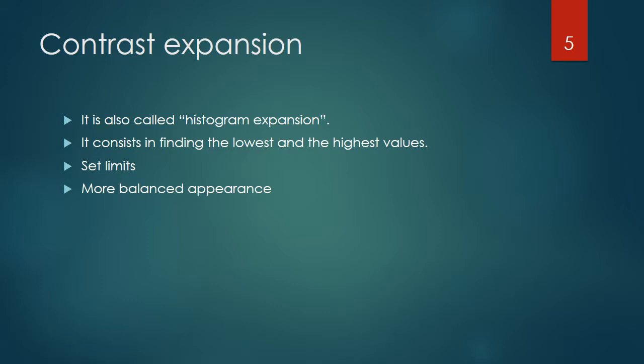For setting limits, we assign a value of 0 to the lower limit, and if we have a value in the higher limit, we assign a value of 255, so we can get a more balanced appearance.